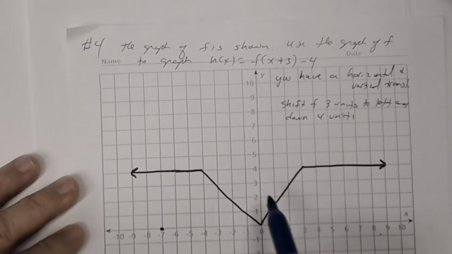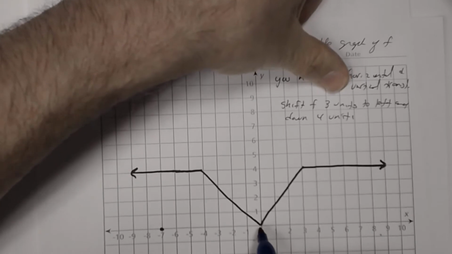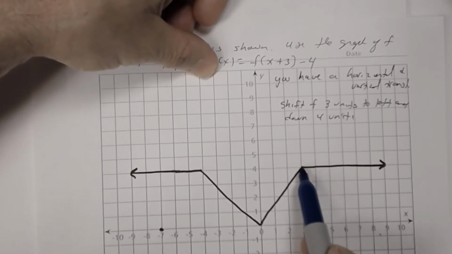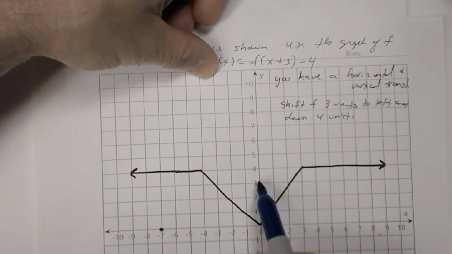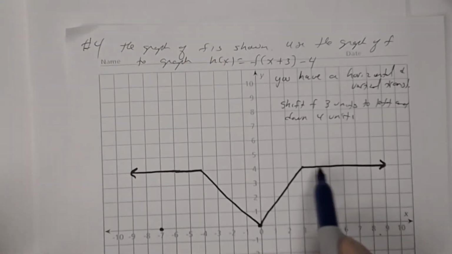Now let's look at this point here where those 2 segments meet. I'm going to go 3 units to the left and then 4 units down. 1, 2, 3, 1, 2, 3, 4. Same thing here. 1, 2, 3, 1, 2, 3, 4. And then that's it, because that's just a ray.